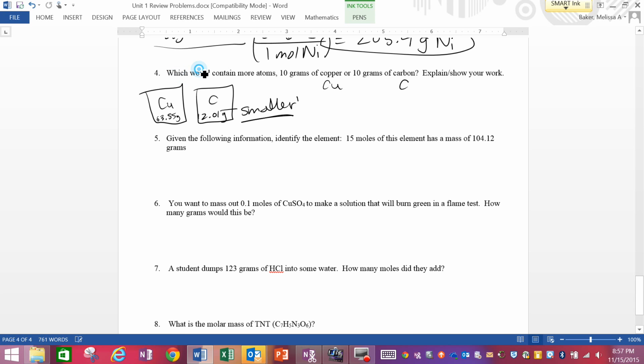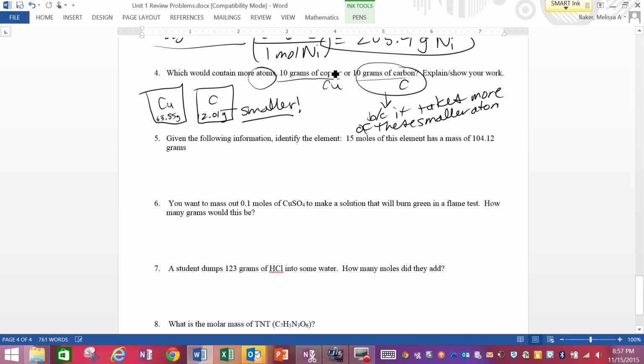So if you had equal amounts of both, which one actually has more atoms? The answer would be carbon, because it takes more of these smaller atoms to equal 10 grams.